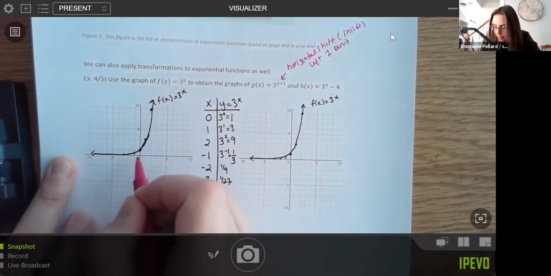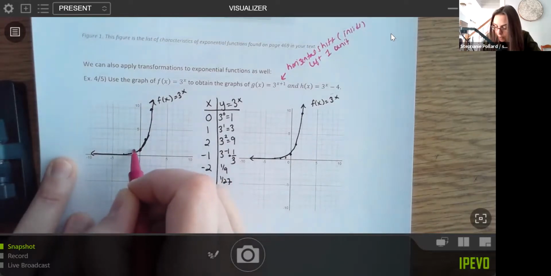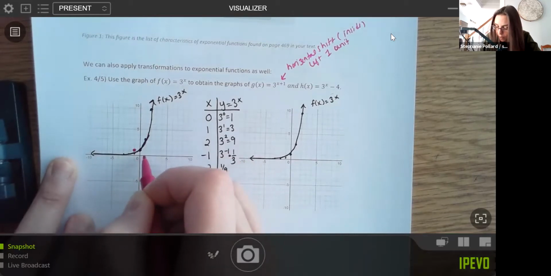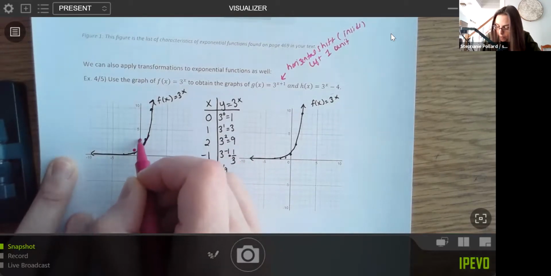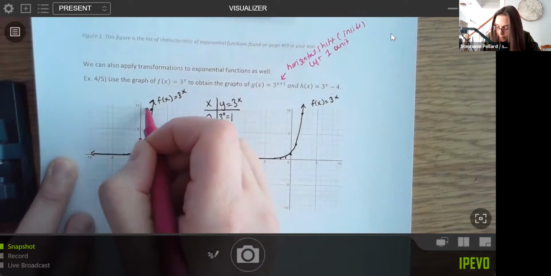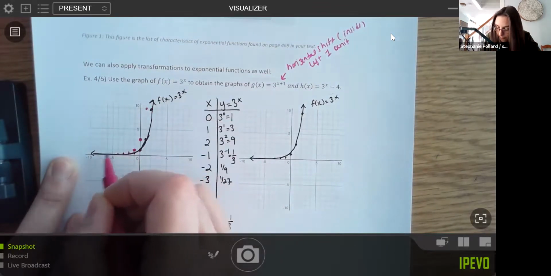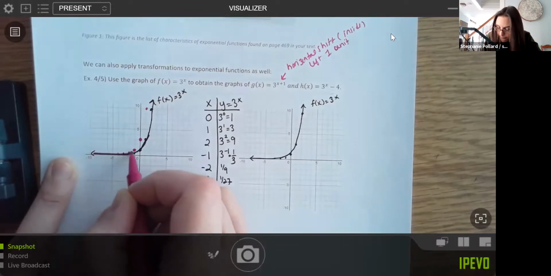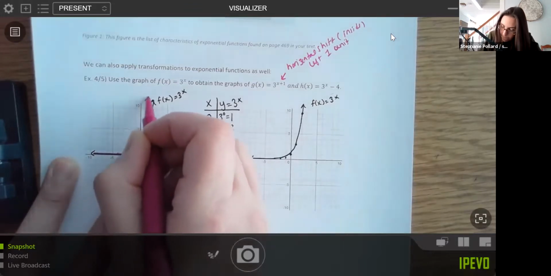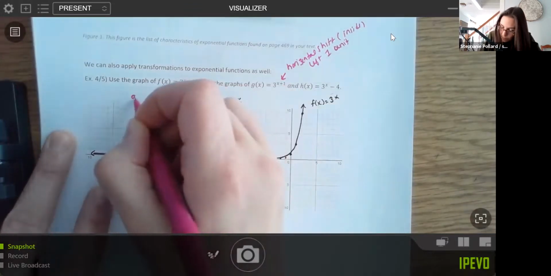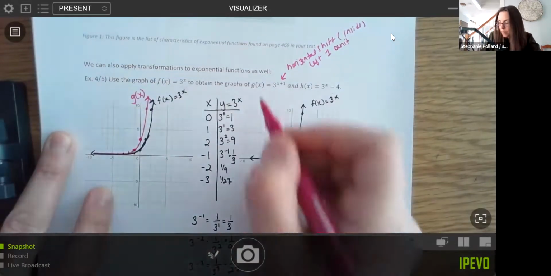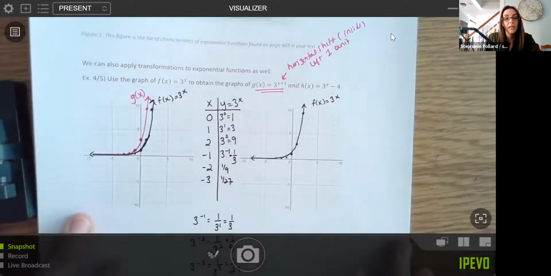So instead of being at 0, 1, I'm going to be at -1, 1. Here, instead of being at 1, 3, I'm going to be at 0, 3. This one's going to move over, and these as well. So that would be my g of x graph.